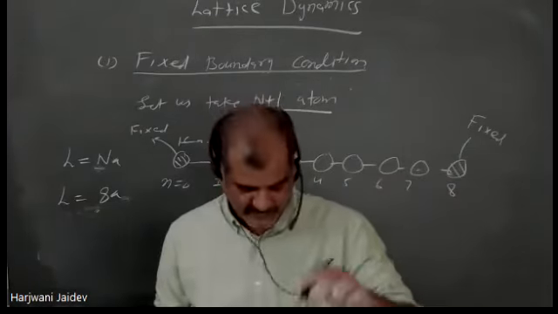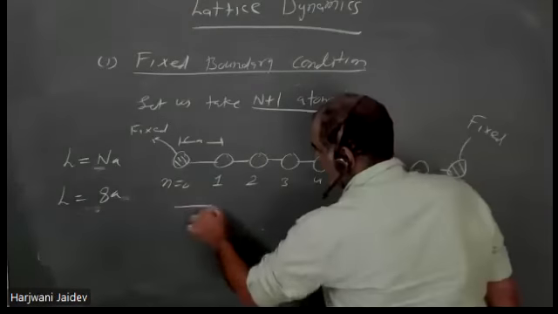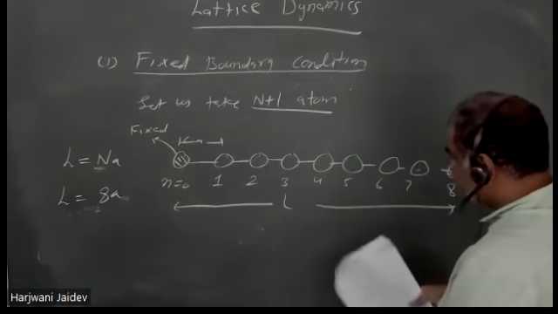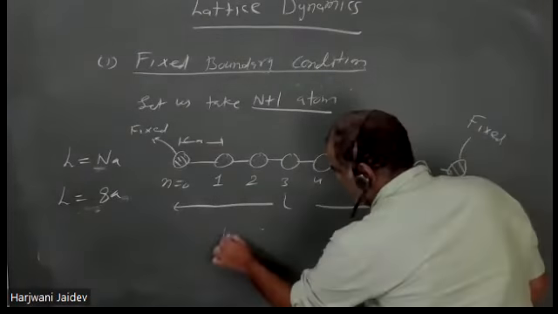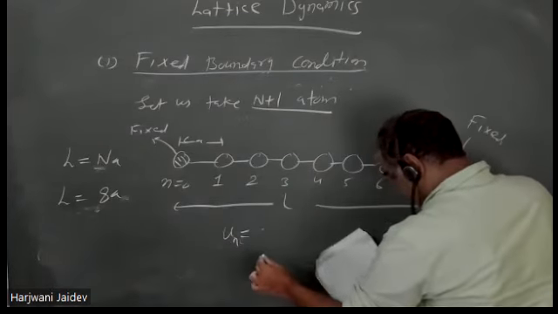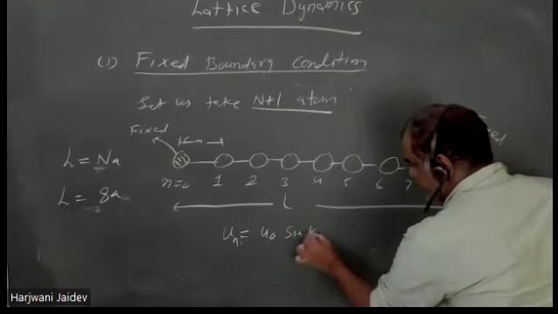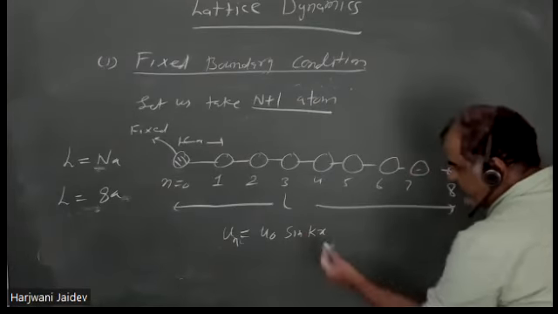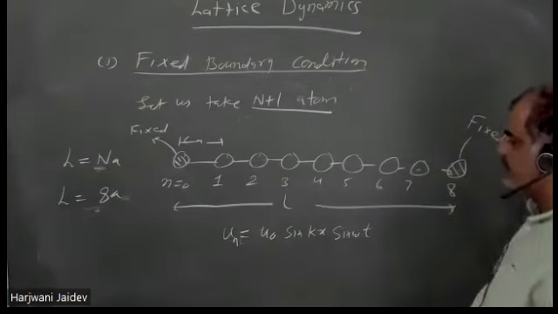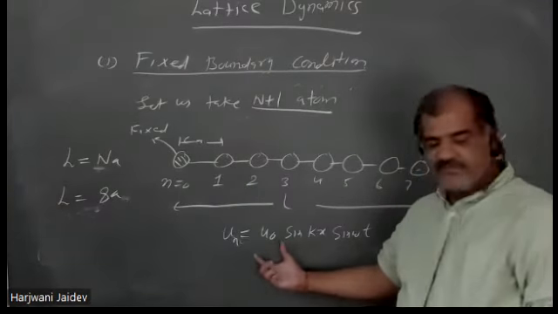So the length of the crystal is L, and the solution will be a standing wave. How do we write a standing wave? It will be u0 sin kx, times cos omega t or sin omega t or exponential of omega t. So this is the amplitude of the standing wave. This is how we write a standing wave.